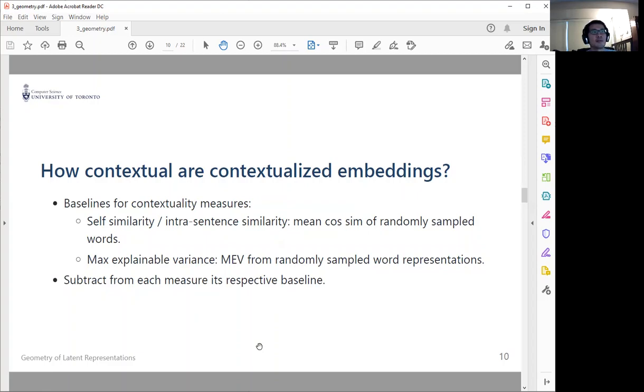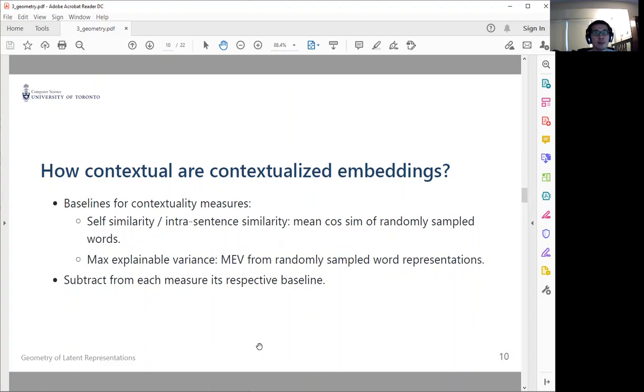They also considered several baselines. For the self-similarity and intra-sentence similarity, they consider the mean cosine similarity of randomly sampled words. This is necessary because, for example, take the word apple in "I eat an apple every day" and "I'm using an Apple product."